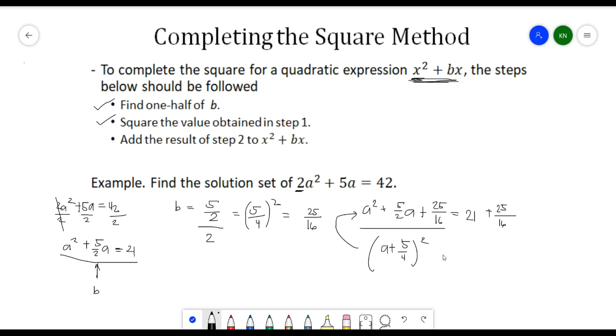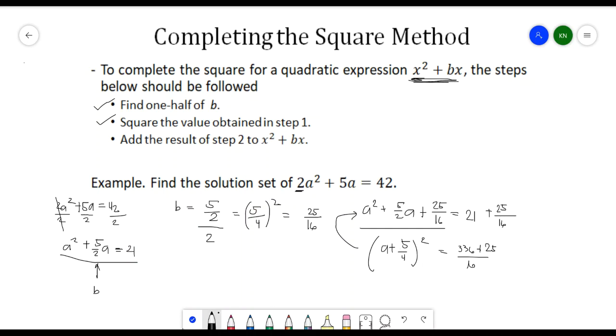So 21 plus 25 over 16 gives us 336 plus 25 over 16, using the LCD.